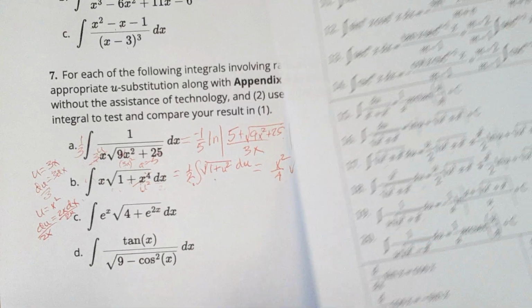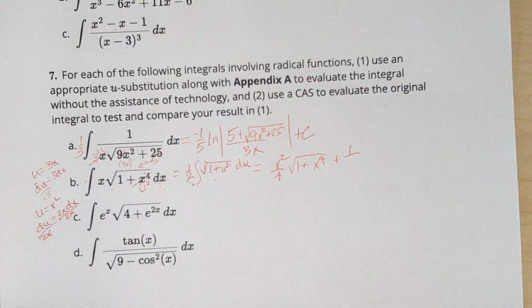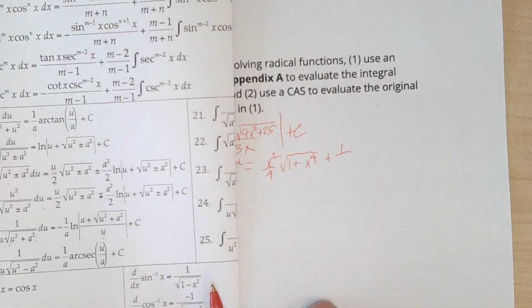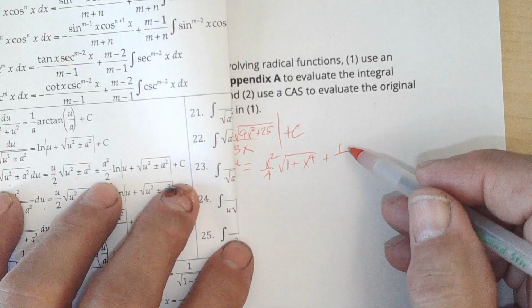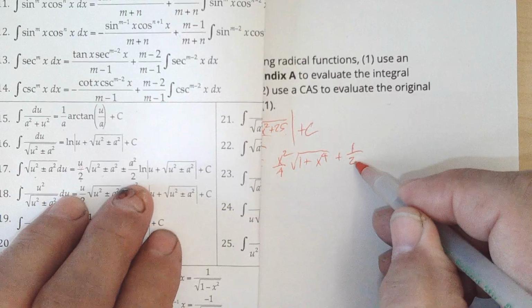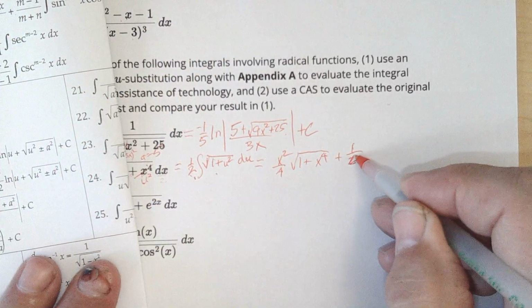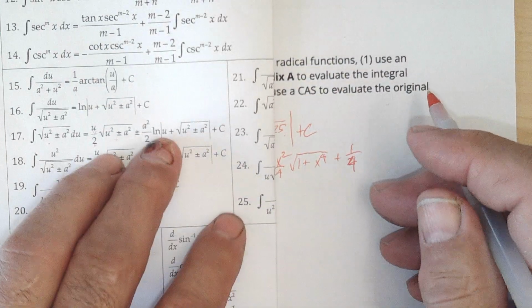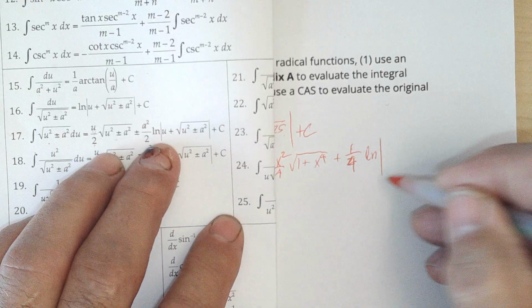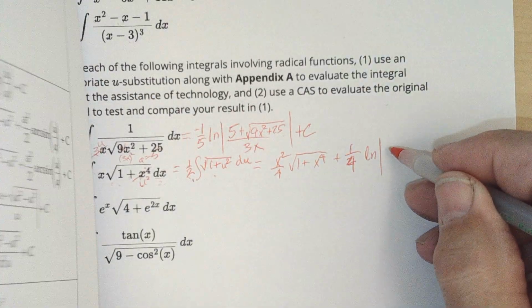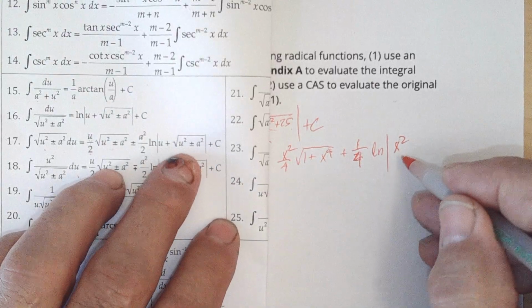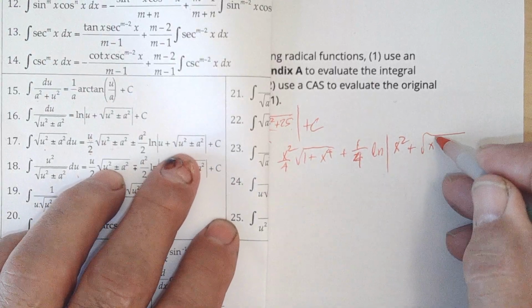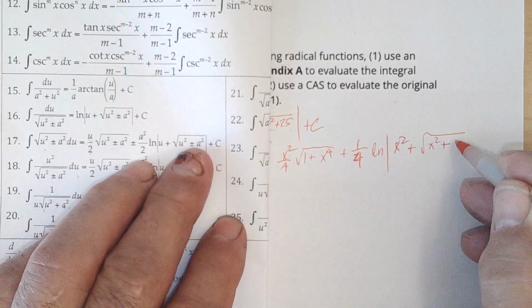So let's do this. So a squared, a was 1, squared is 1 over 2, but we also had times a half for everything, so 1 over 4. ln u, which is 2x, no, x squared, plus the square root of x squared plus a was 1 squared, which is 1.